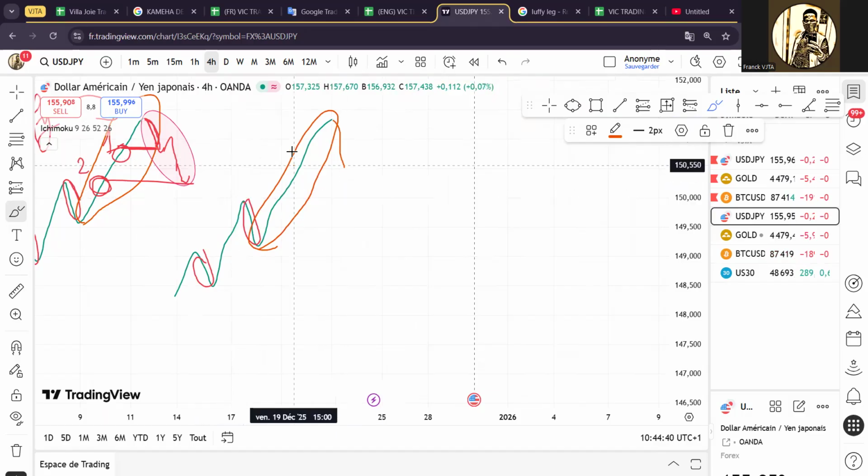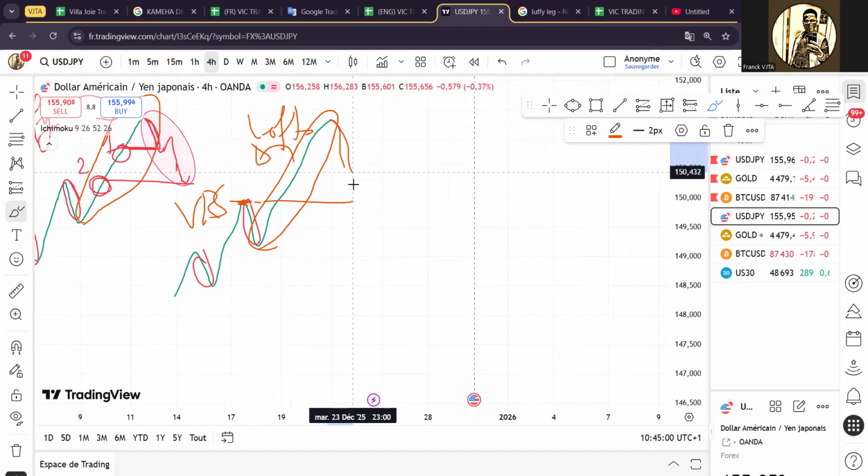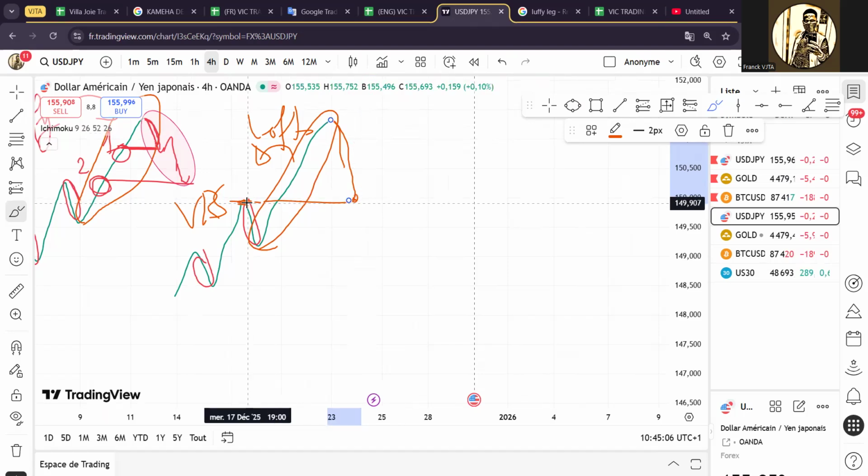You will just look at the left side of the Luffy leg. You look at the highest resistance, VRS, highest VRS, which is this one. And when the candle falls down to the bottom, it will come and stop at the weak point of this highest resistance.